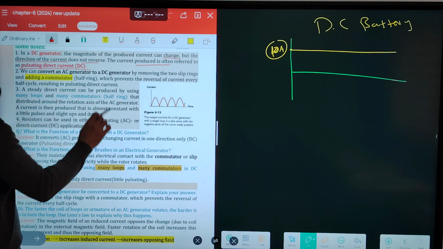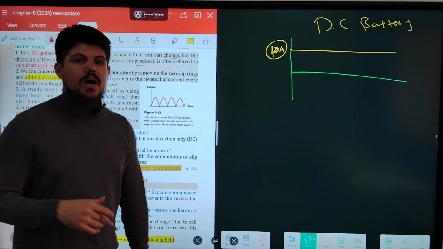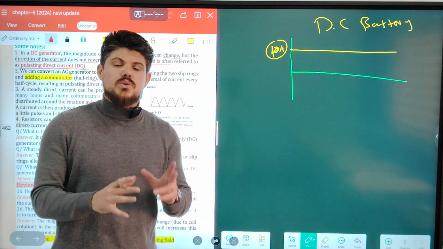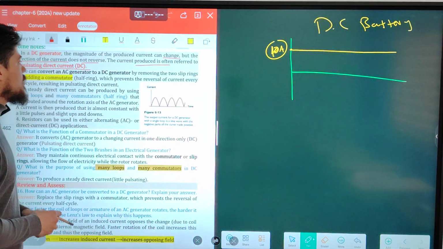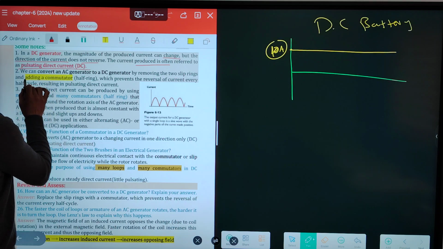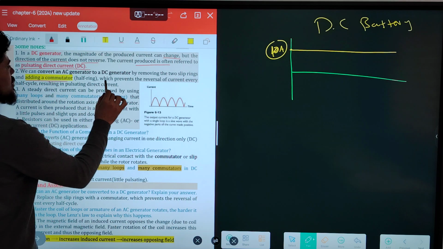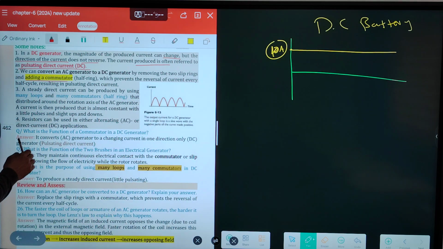We can convert an AC generator to a DC generator. How? By removing the two slip rings and replacing them with what? A commutator. And adding commutator half rings, which prevent the reversal of the current every half cycle, resulting in pulsating direct current. A steady direct current can be produced.